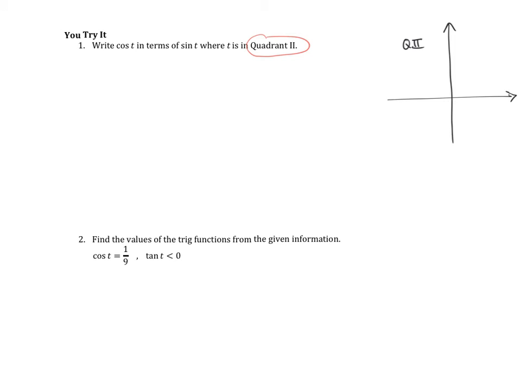Okay, I want you to always be thinking, where am I on the circle? Okay, quadrant 2, we're back here. My first hint, if you haven't figured it out already, is that using the Pythagorean identity is the way to start here. If you haven't figured it out, keep working, use that Pythagorean identity: sine squared plus cosine squared equals 1.